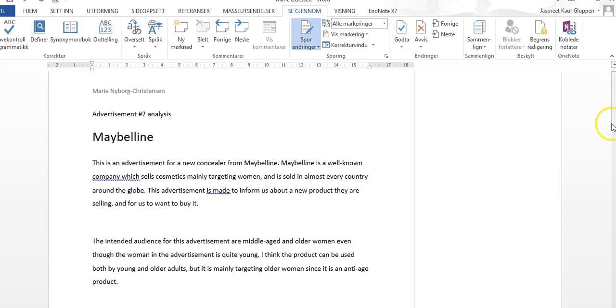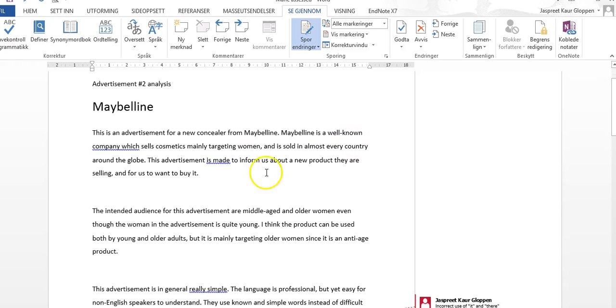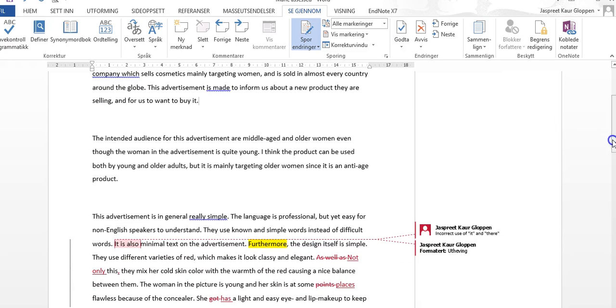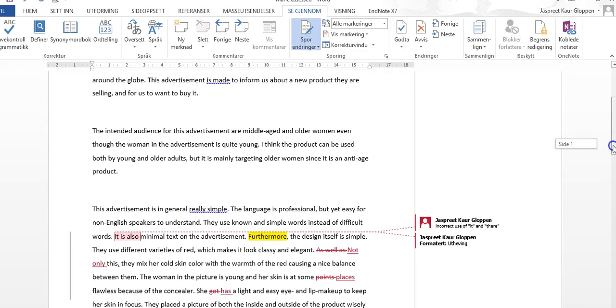It's well known. So you tell us what the intent is, that they want to inform us and then they want us to buy it. So very good, very well done there. And then you have your intended audience, and you tell us why you think it's middle-aged women and older women who are the targeted audience.